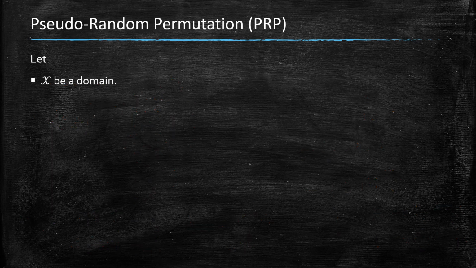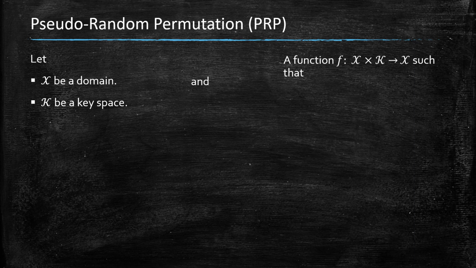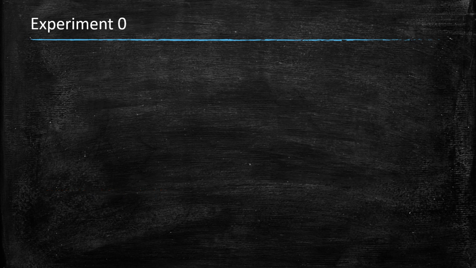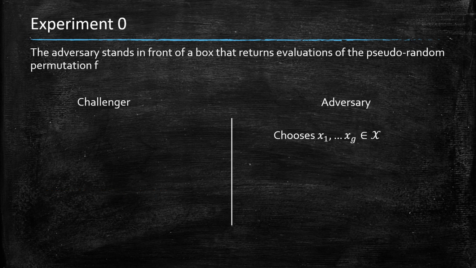Okay, so we'll define everything the same, except that this time we're looking at a function that permutes elements of X, instead of just mapping X to Y. And when we want to formalize what it means to look random from the perspective of a computationally bounded adversary, it is this time not among all the functions, but just among permutations. Everything works the same here.